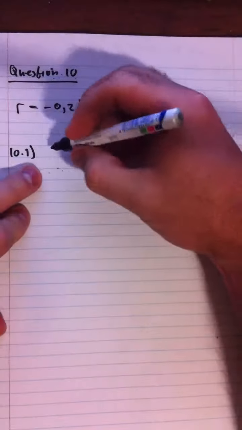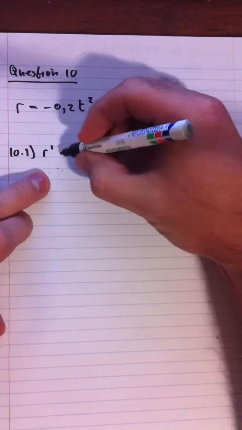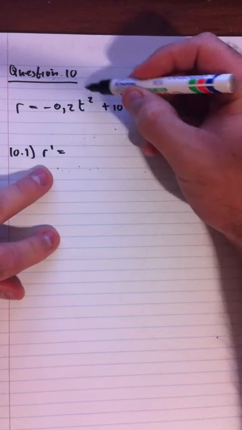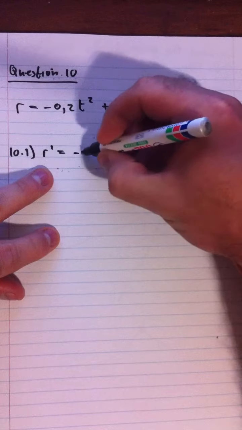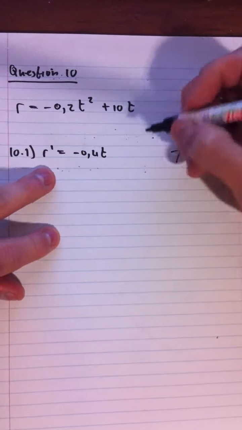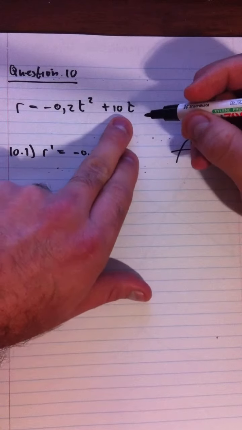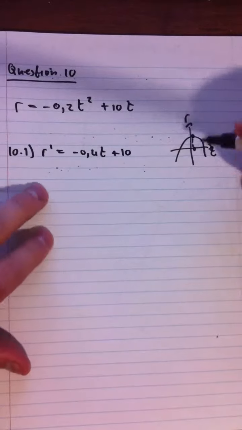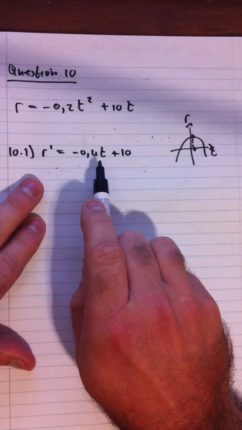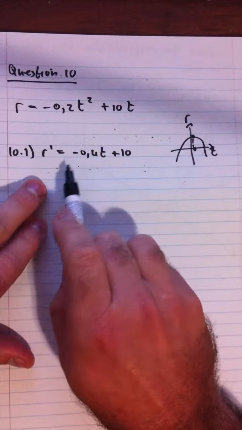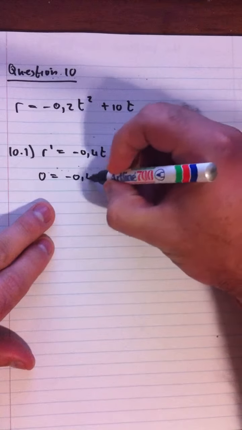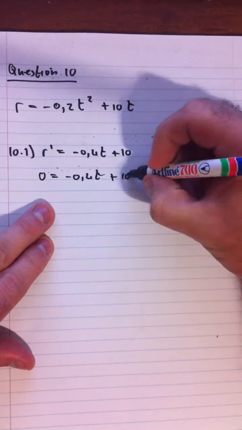All we need to do is differentiate r. Differentiating -0.2t squared, multiplied by 2, gives us -0.4t, and 10t just becomes plus 10. Now we want to set this equal to 0. So this is the gradient, and we want to find out where the gradient is 0. So 0 equals -0.4t plus 10.